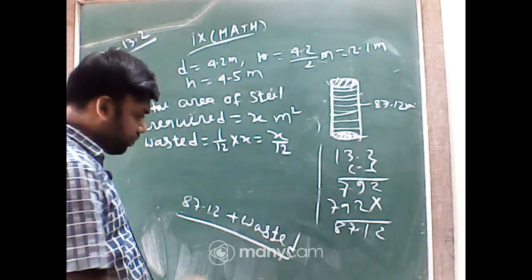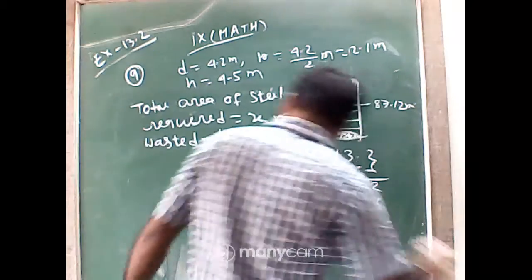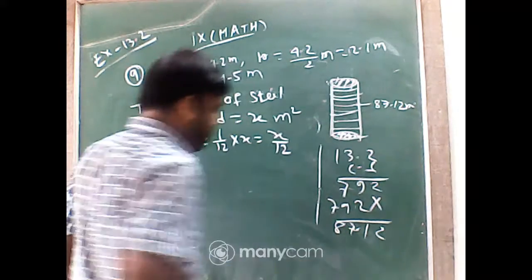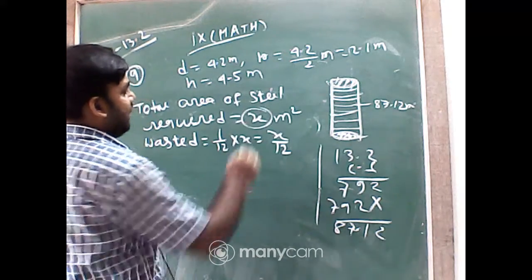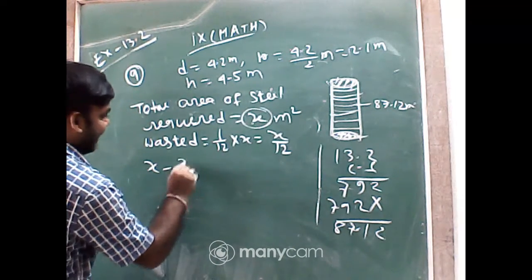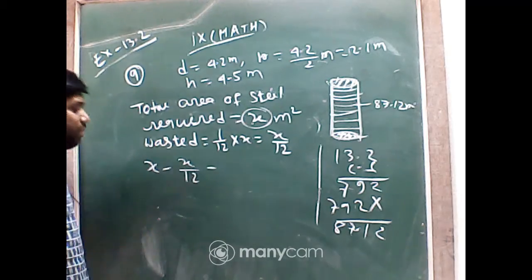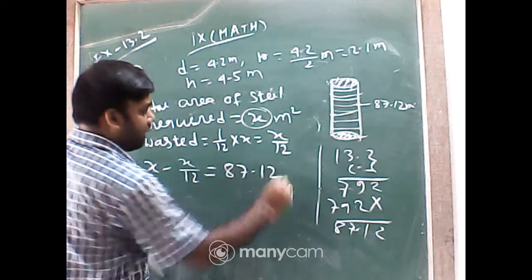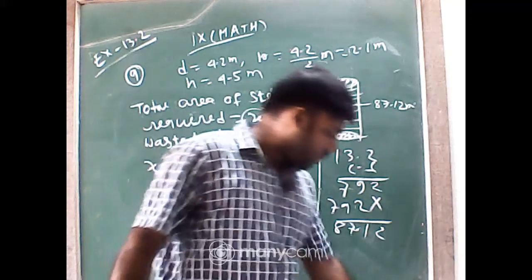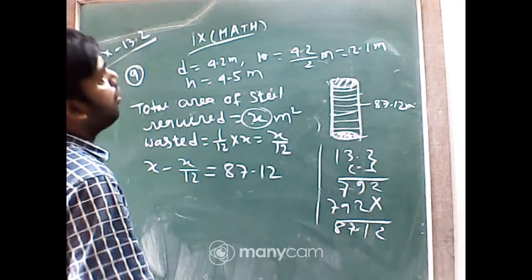Now total x, wasted x by 12, and x minus x by 12 must be equal to 87.12. Is it or not? Tell me quickly.